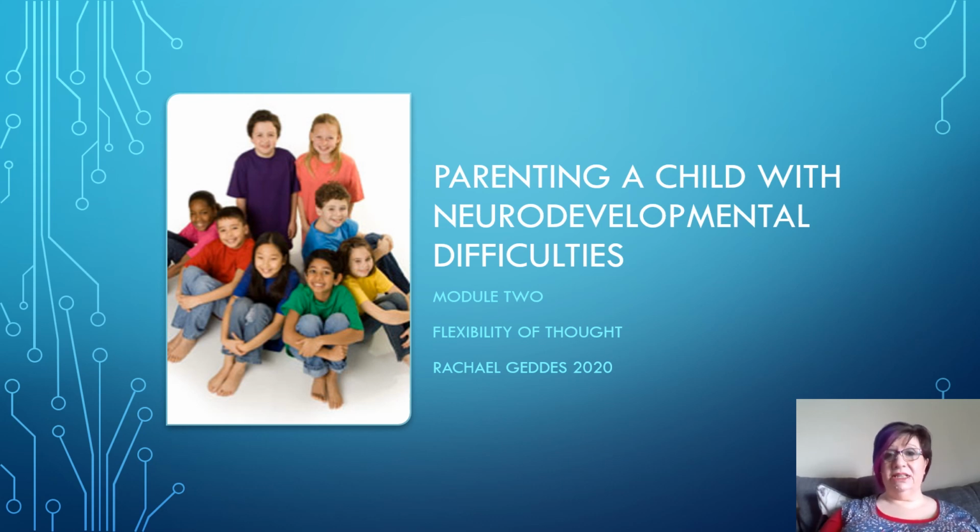So today's session was advertised as "Is your child chaotic and confused?" This is part of lots of neurodevelopmental conditions where children have problems with something that we call the flexibility of thought. It's definitely part of the autism diagnosis, but we also see it in other neurodevelopmental conditions such as ADHD and dyspraxia.